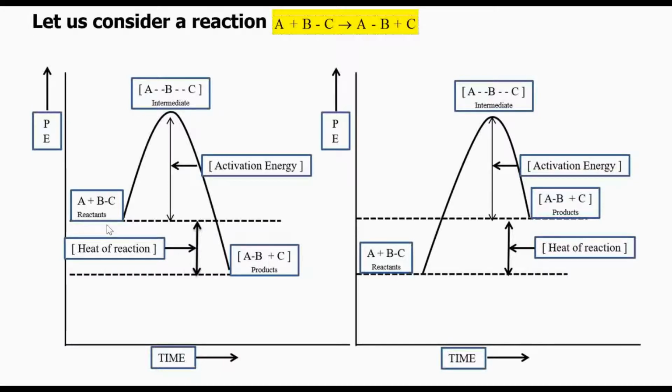So the difference between an exothermic reaction and an endothermic reaction is that you have to give just a small amount of energy to initiate the reaction in the case of exothermic reactions. Afterwards, this heat of reaction will be utilized for the further reaction.